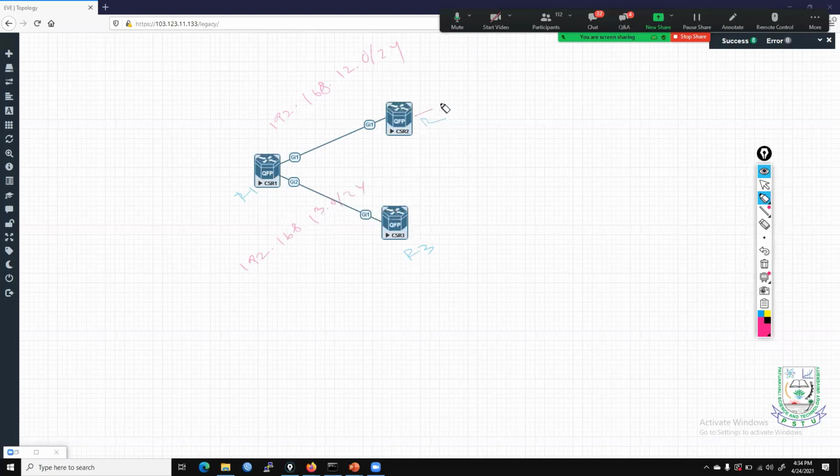We'll set the loopback interface first on R2, that is 2.2.2.2, right? To reach the loopback interface from R1, we have to set a static route in R1. So let's configure the topology first, then we'll check the URPF commands.